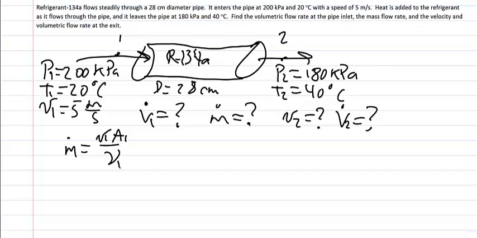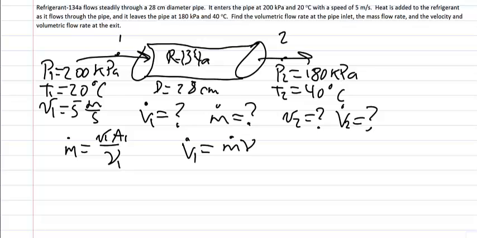Additionally, to find the volumetric flow rate, let's keep in mind that volumetric flow rate, V dot, is equal to the mass flow rate, m dot, times the specific volume. So once we have the mass flow rate, we should be able to find the volumetric flow rate. In fact, this is the same equation we're going to use at both points 1 and 2. Once we found the volumetric flow rate at point 2, we'll use the same mass flow rate equation as we did previously, although of course this time at point 2, in order to find the velocity.